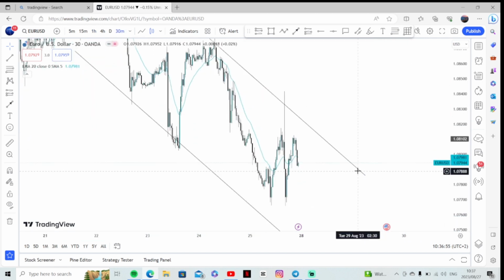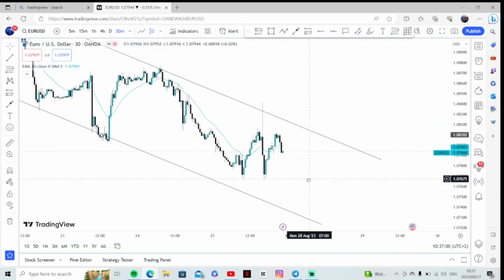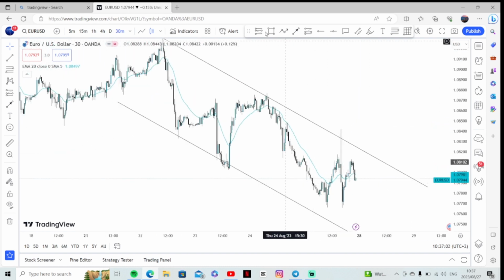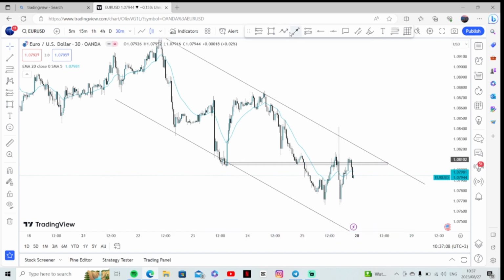On the 30-minute chart, I want to identify my zones where the market could potentially turn. I'm seeing the zone right here where the market used this point as a support, a little bit of support, then broke through and came back and used it as a resistance, went back down, came back and used it as a resistance.